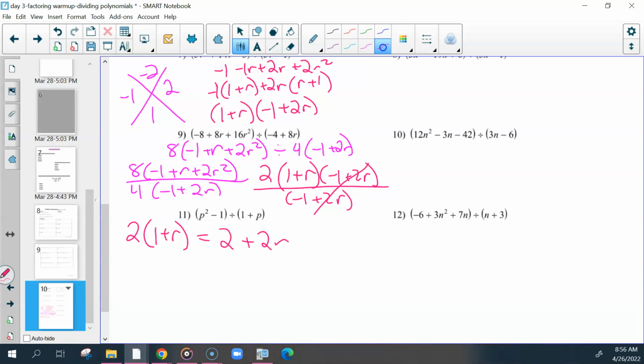If you didn't factor out a GCF, I think you would still get the same answer, but you'd end up with a bigger number here, factoring wise, and then you would end up getting rid of this to get that. So there's more steps involved because you had to factor out a GCF, but it's still the same process.